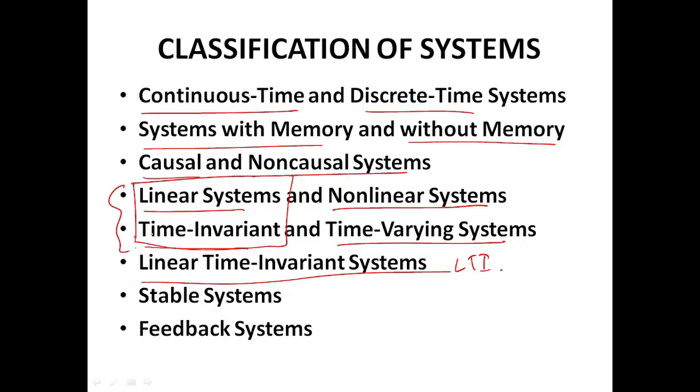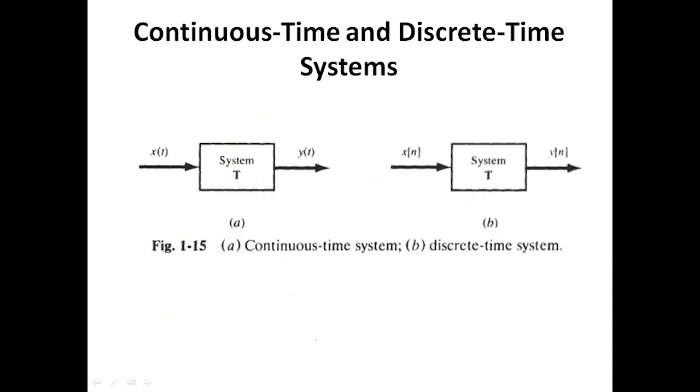Why? Because they are both linear and time invariant. Then we have stable and unstable systems, and lastly feedback systems.